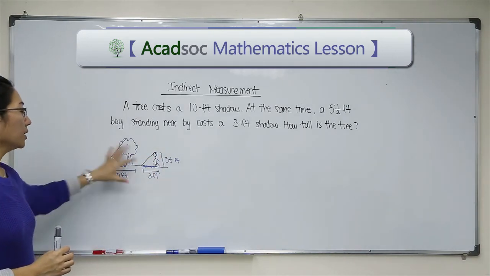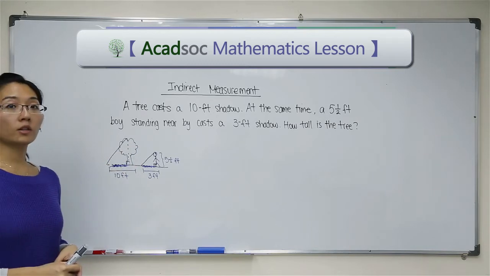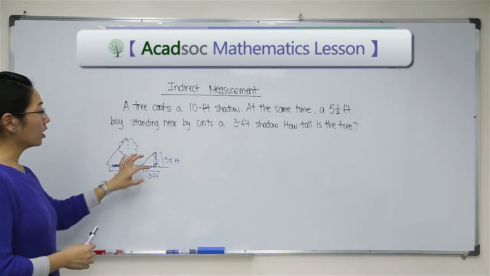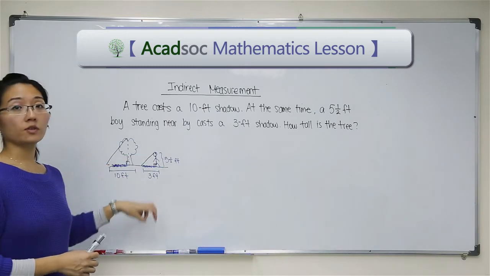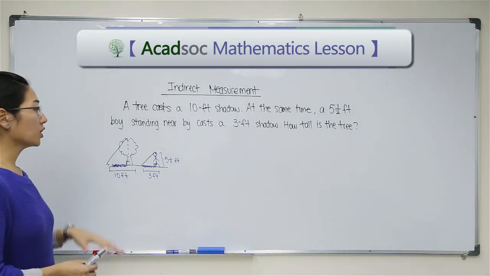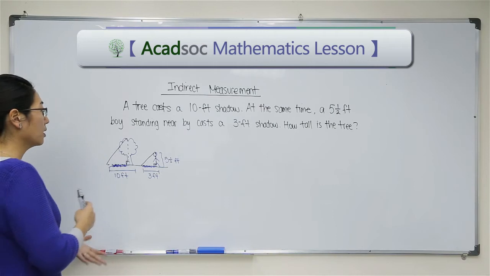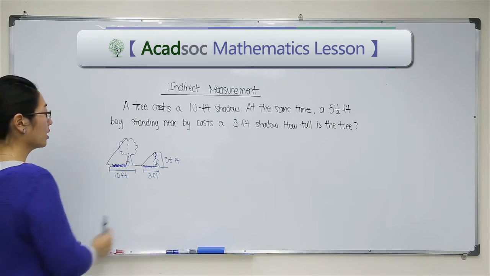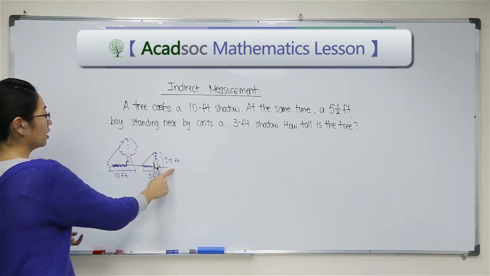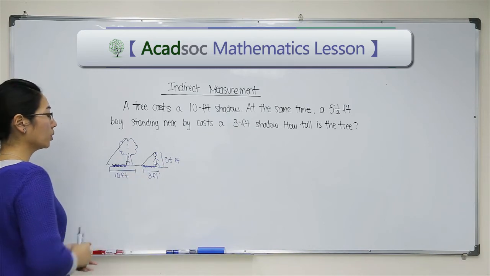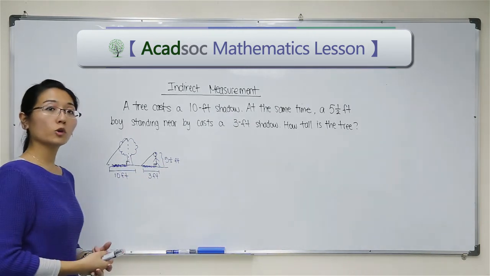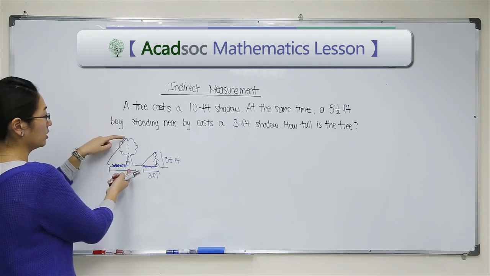So here, basically, we have two right triangles. They're similar because they're the same shape but different size. They're similar, and we could use the understanding of similar figures, that the measurements of the corresponding sides are equivalent, and we could use proportion to help us figure out how tall this tree is.